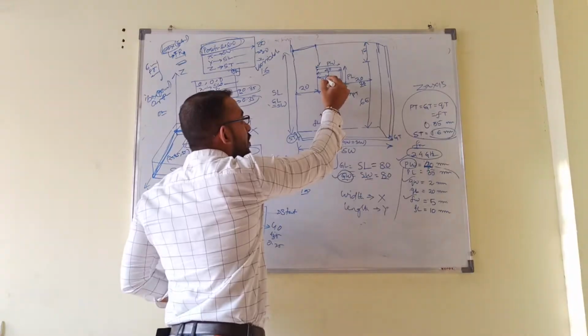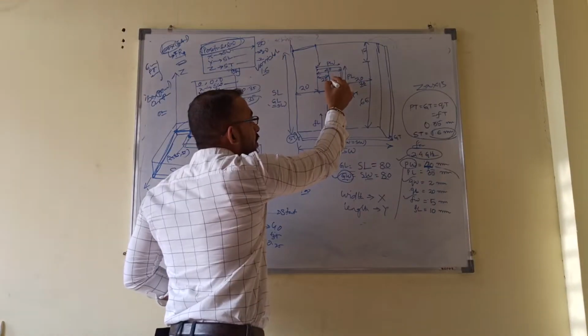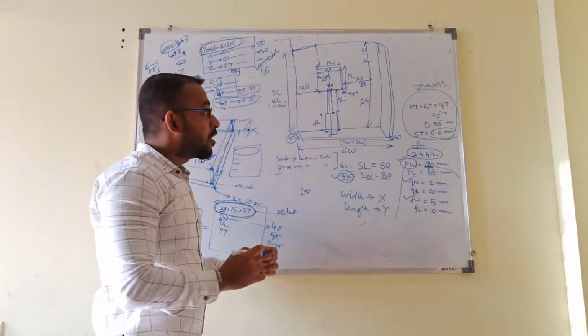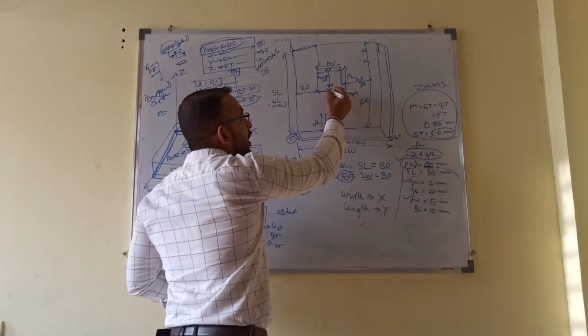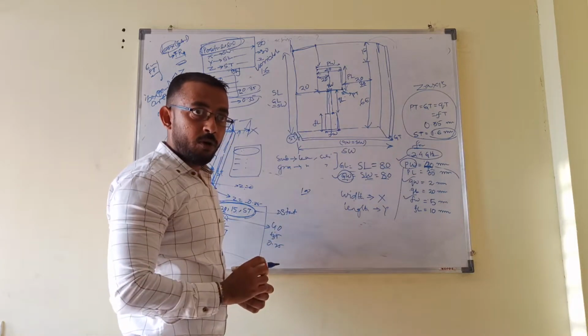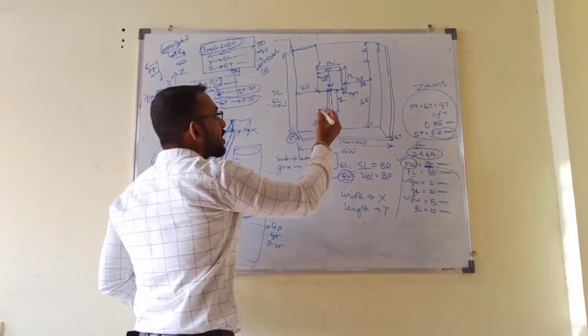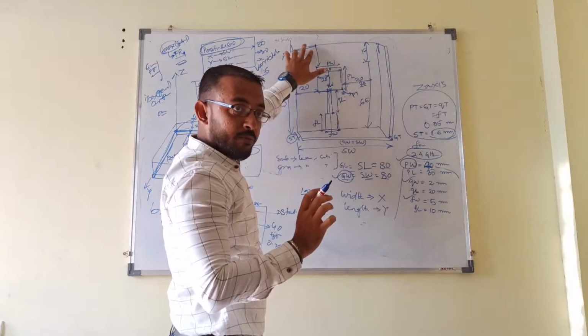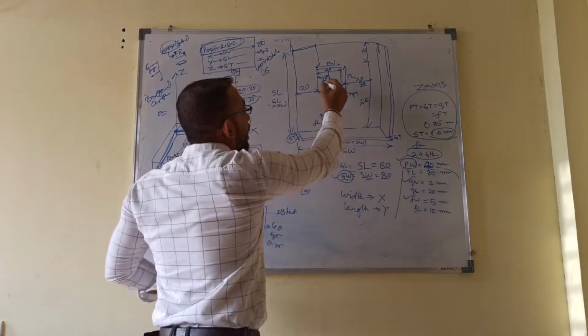Yes or no? 20 means center, this is the center line. Once I find the center, it will become easy for me to put the box.